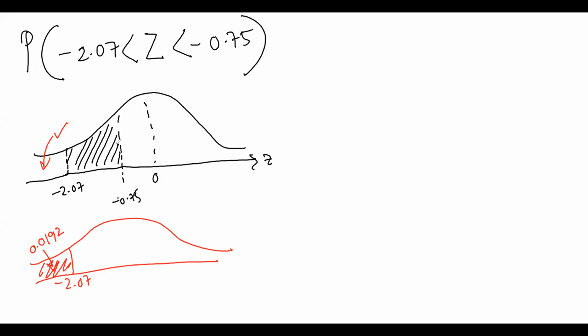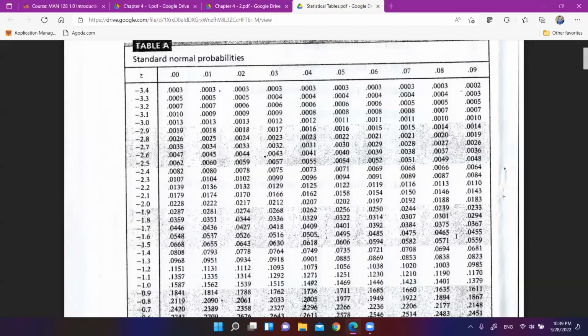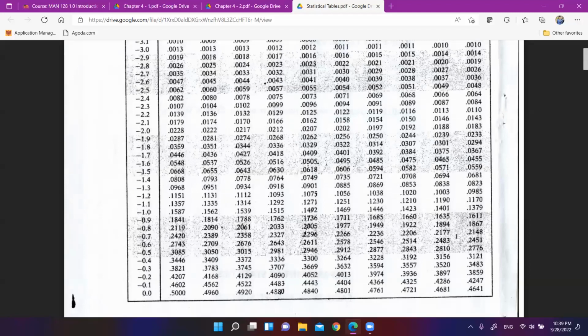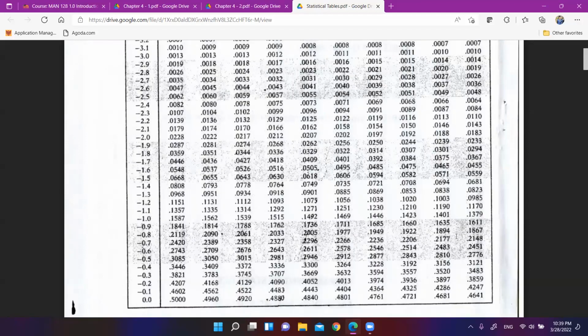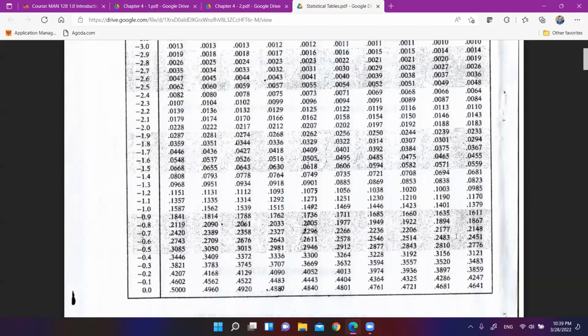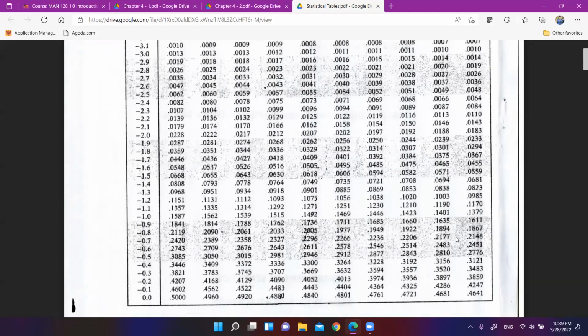What I want is this other area. Now I'm going to read negative 0.75 from the same table. It's quite easy then, we just subtract. Negative 0.7 is here, in this block, and 0.75 is 0.2266.